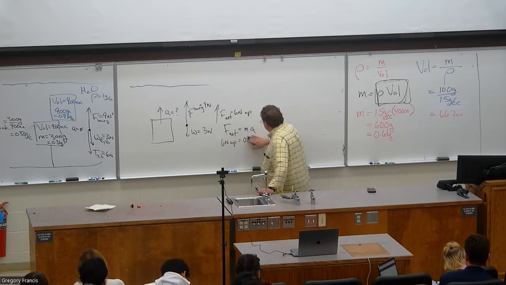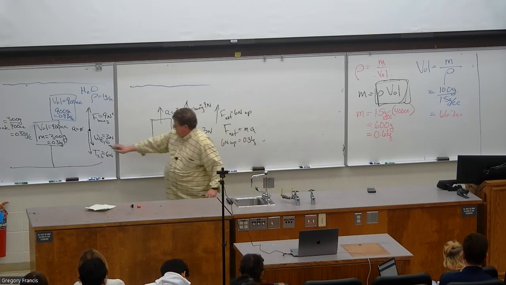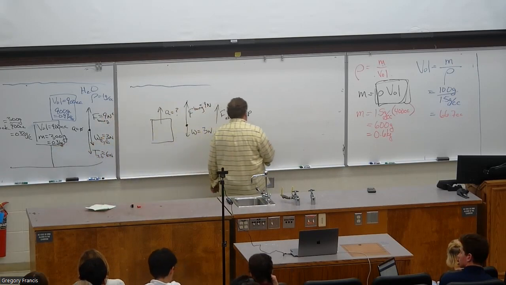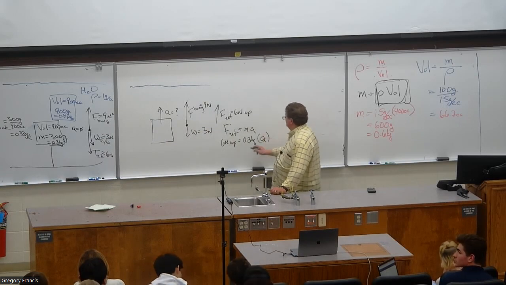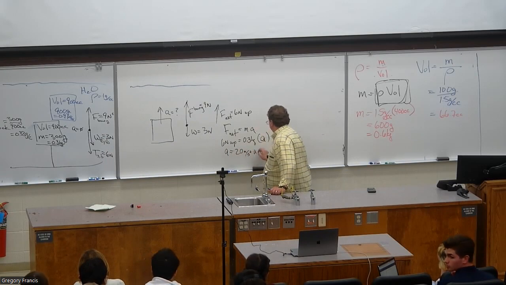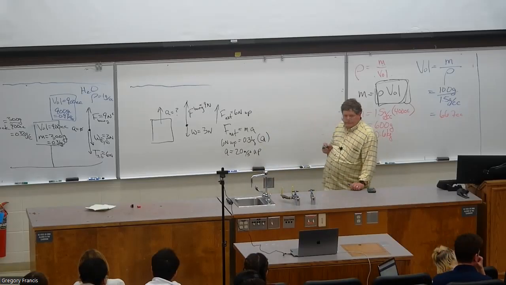No, I'm sorry, 0.3 kilograms, because that's the block. And that means that my acceleration is going to be 20 meters per second squared up. Everyone see where I got that?